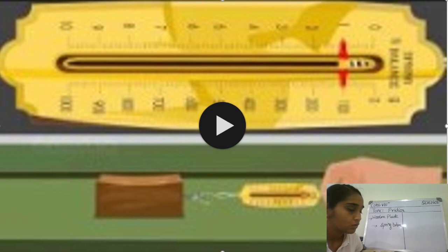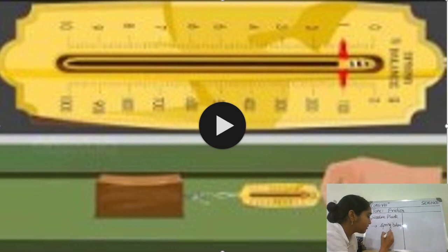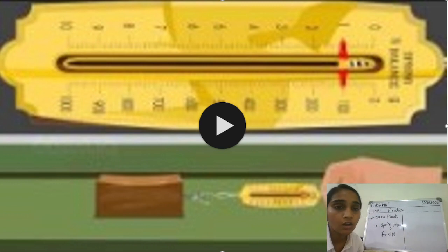So what did you notice? Yes, there was some amount of force acting on the wooden plank as we pull it. So suppose the force is, let's say, 10 Newton, which you have already studied. The unit of force is Newton.